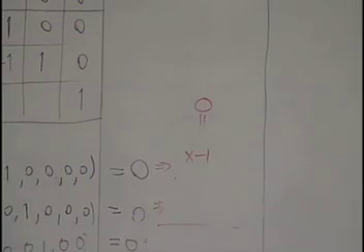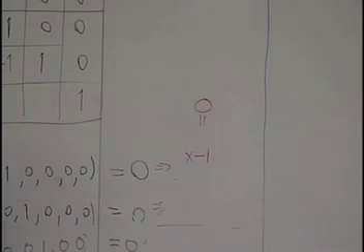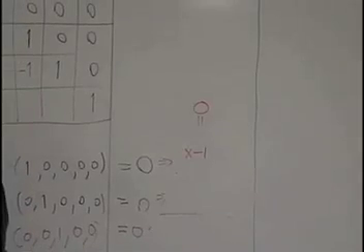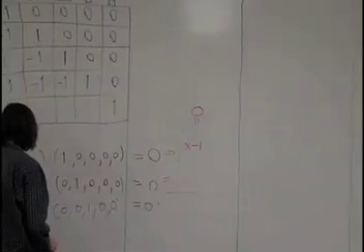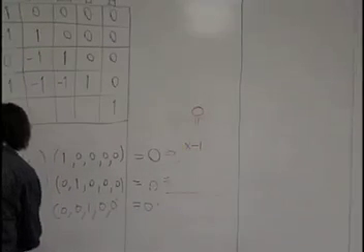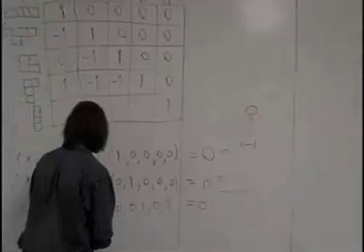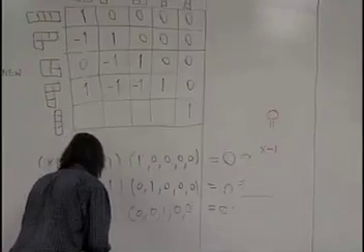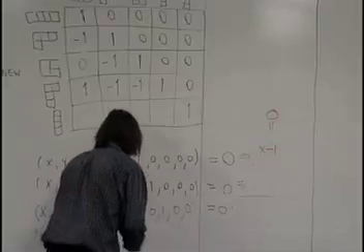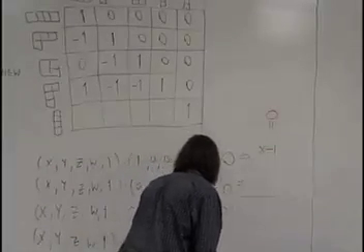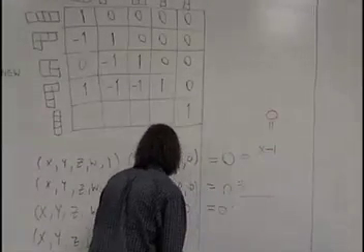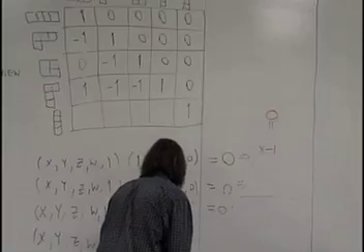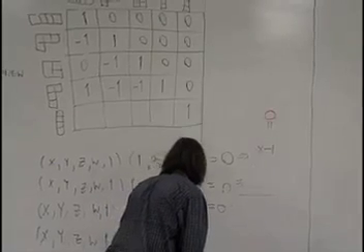Now let's try the next one. So x, y, z, and w. I'm used to doing it some other way, which I'm having trouble reconstructing on the spot, so just try to follow everybody else.